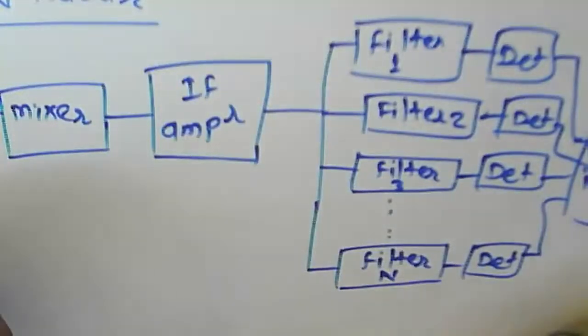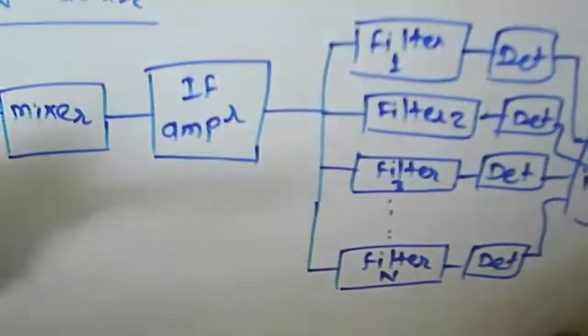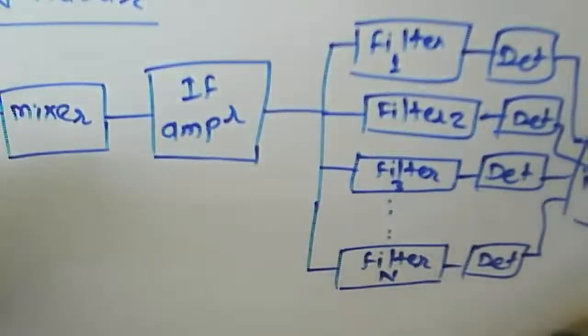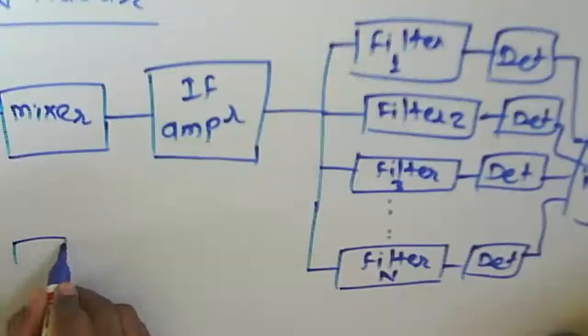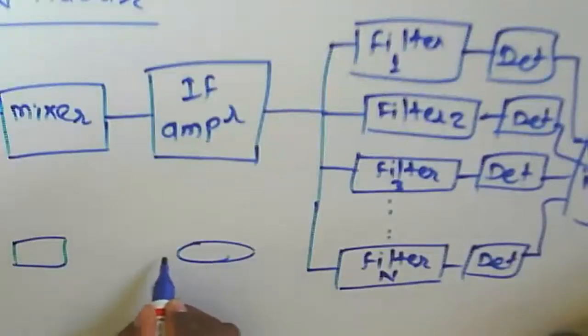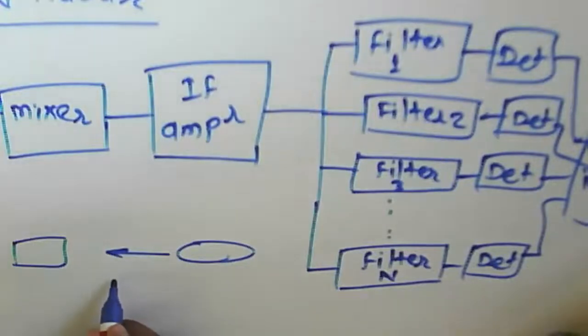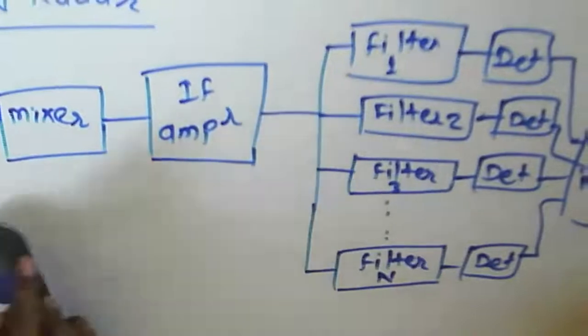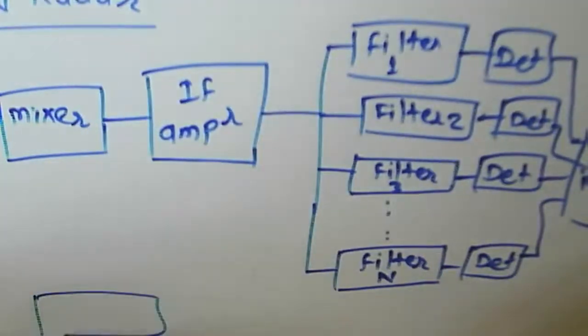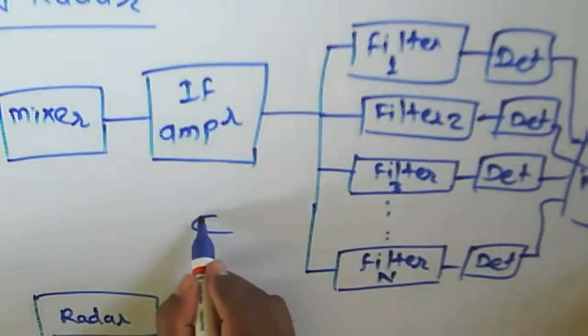Then to measure the direction, we need to know in which direction the target is approaching from the given radar. So whether your target is moving toward the radar or moving away from the radar. Suppose we have the radar here, and here we have a target.